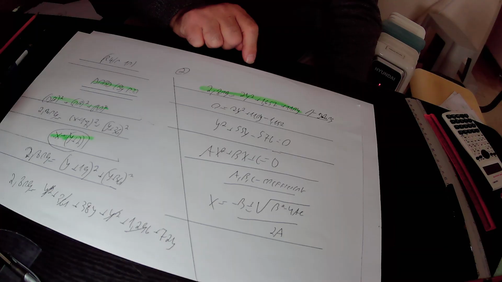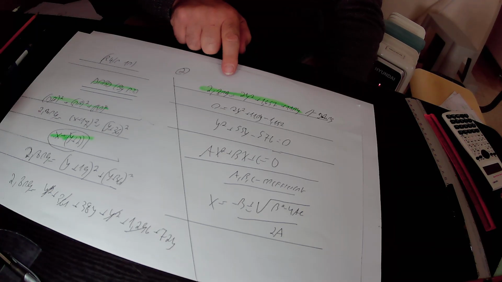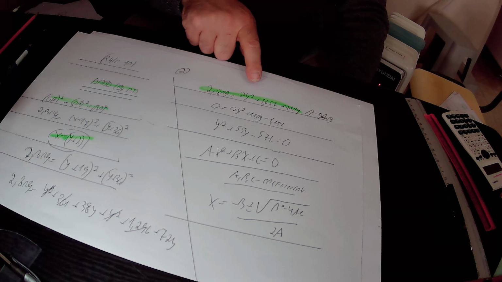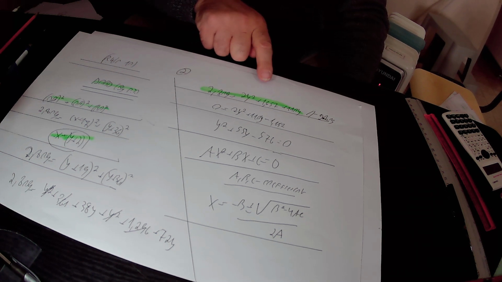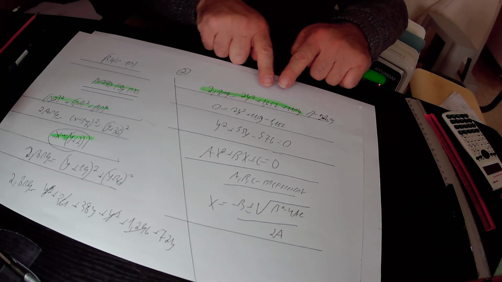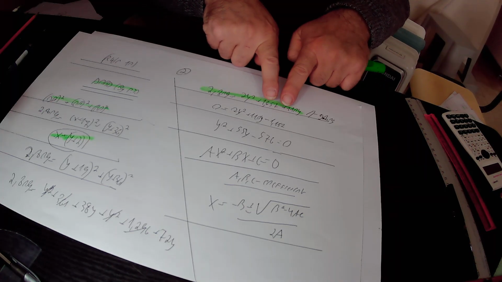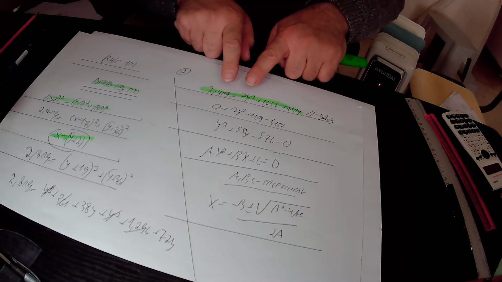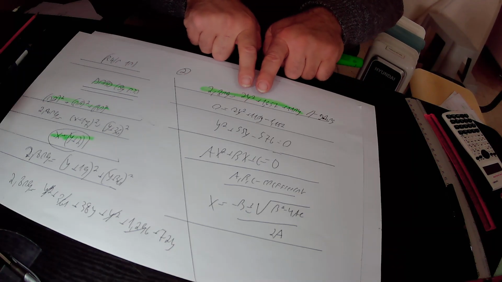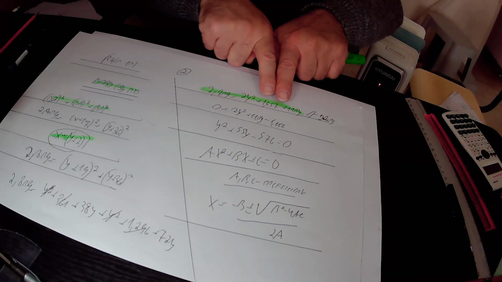Here we subtracted 2809 from this equation, so on this side of the equation we are left with 0. On the other side we have 2y squared plus 110y plus 1657 minus 2809, which equals minus 1152. So 0 equals 2y squared plus 110y minus 1152.